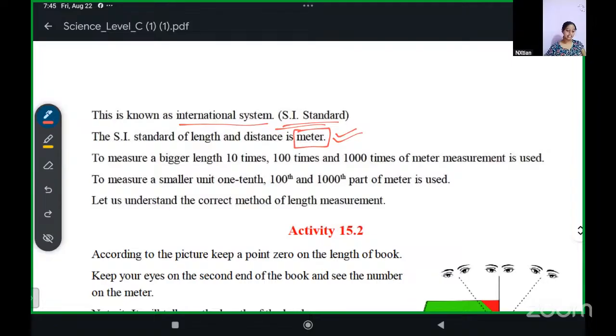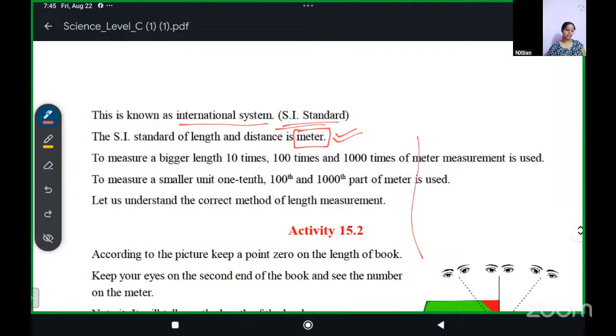To measure bigger lengths, 10 times, 100 times, and 1000 times of meter is used. To measure a smaller unit, 1/10, 100th, and 1000th part of meter is used.